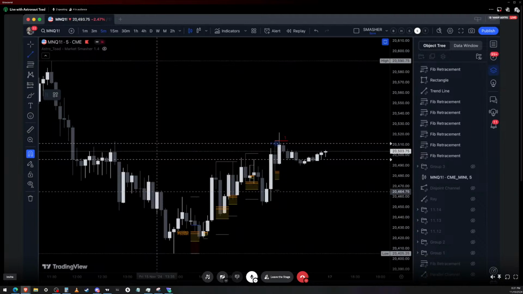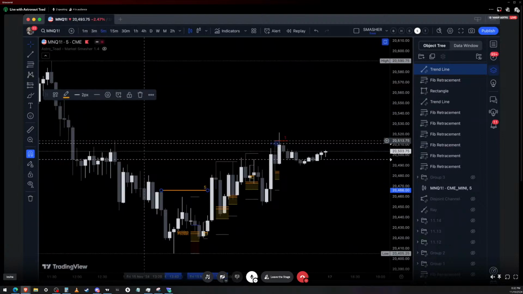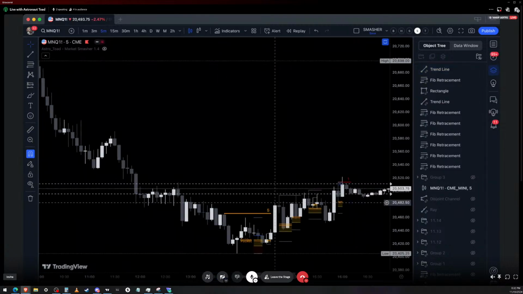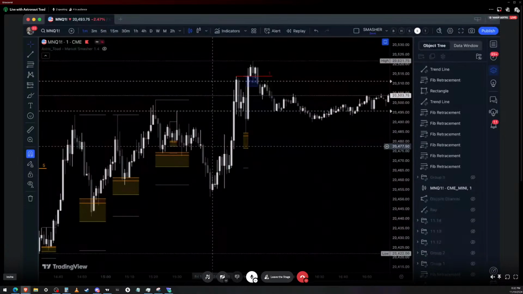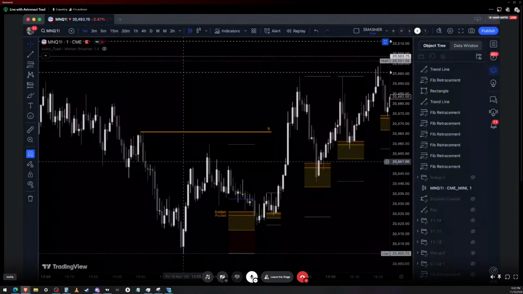Let's see, where was it? I guess I counted one of these as a, we had a bunch of up candles and it was getting really messy. So I got impatient and I bent my rules a little bit. Well, not really, but I called this a high. And then I noticed that in general, price had been respecting these golden pockets. I went all the way down to the 1-minute time frame.